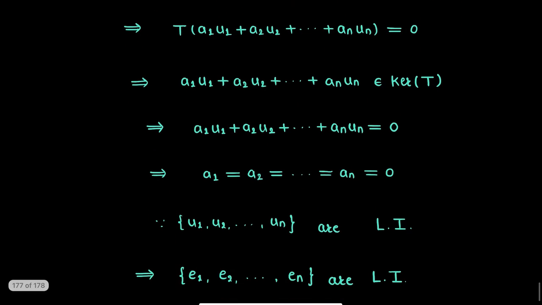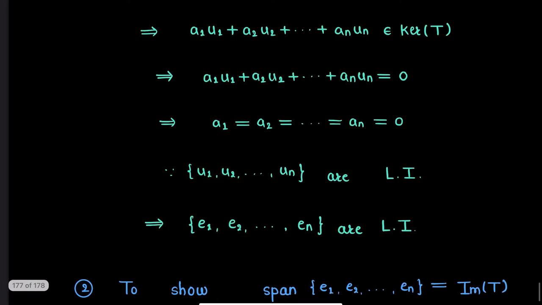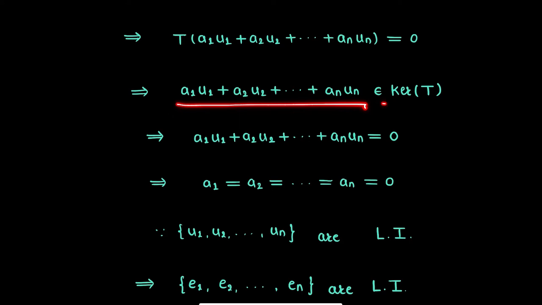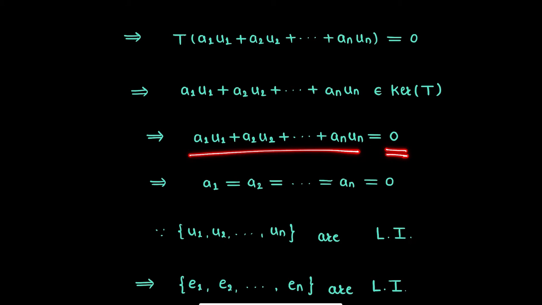Now as the image of this linear combination under T is the 0 vector, we have this linear combination a1 u1 plus a2 u2 plus and so on plus an un belongs to kernel T. But we have considered that kernel T is the singleton 0 vector, so this linear combination will be equal to the 0 vector.